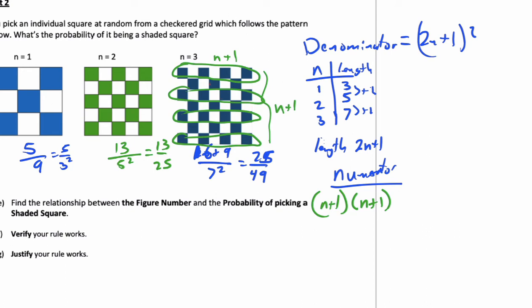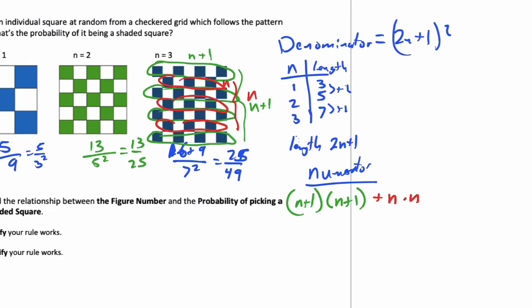Then there are 3 groups of 3 here in the third diagram. So that's n groups of n. So it's actually m plus 1 squared plus n squared. The red part makes a 3 by 3 square, and this green part makes a 4 by 4 square in the third diagram. In general, we're going to have n plus 1 times n plus 1 plus n times n, right?